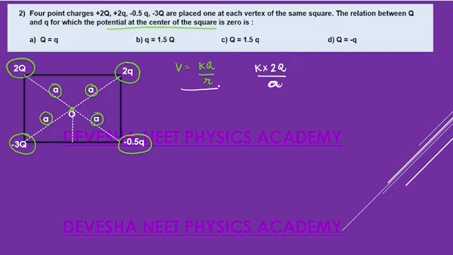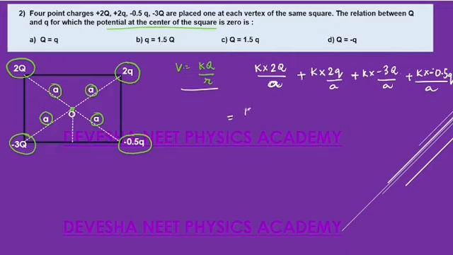Similarly, because of this other 2q, it will be k into 2q by a. Because of this minus 3q, it will be minus 3q by a, and because of the 0.5 small q, since it's negative, it will be minus 0.5 q by a.